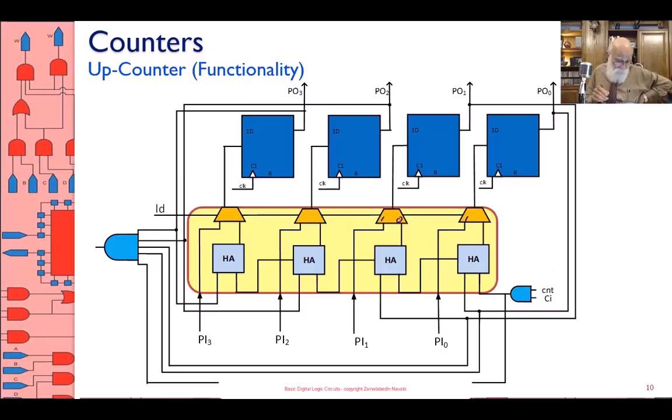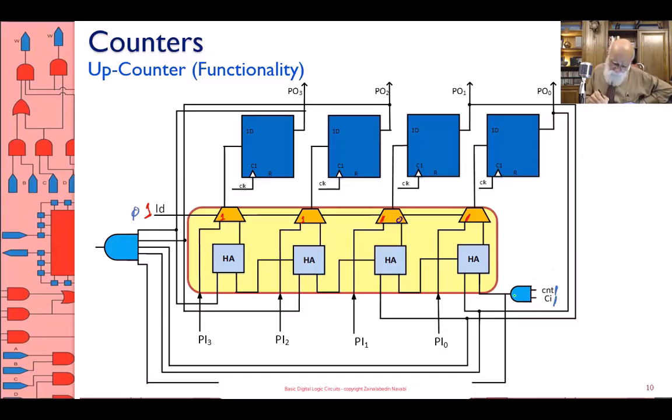surprising either. If load is 1, I am taking the left input of the multiplexers. If load is 0, which I think I used this color, and count is 1, and carry in is 1.